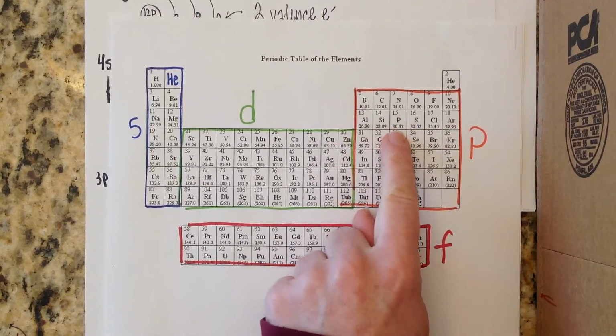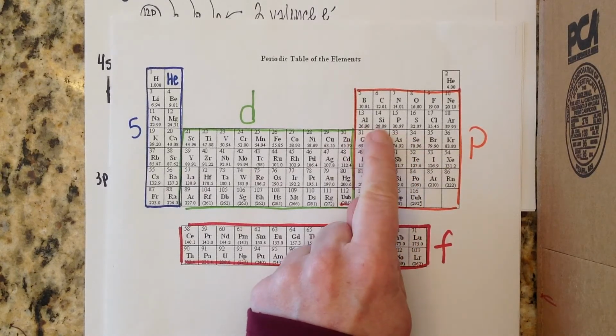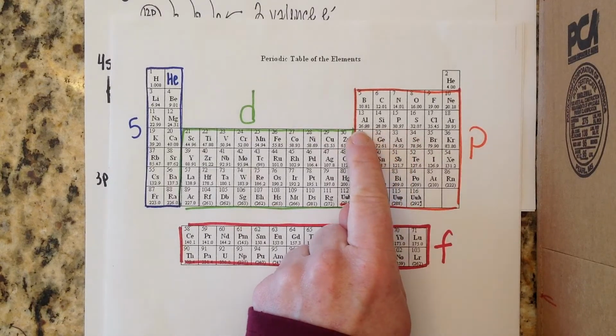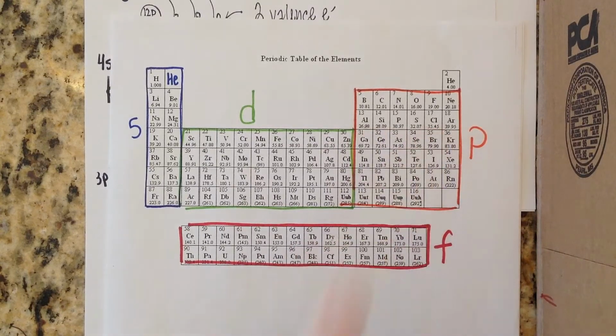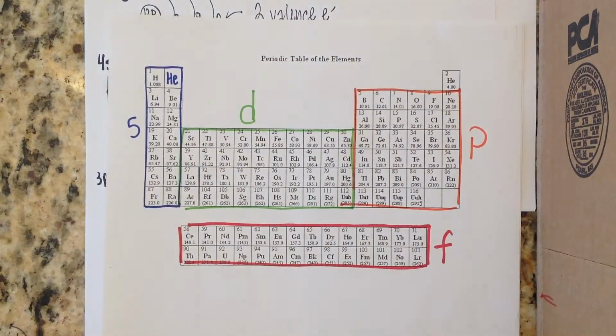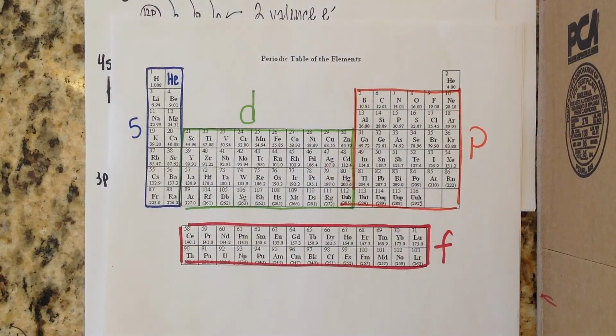For example, if we would have been going to phosphorus, we would have ended with 3p3. If we would have been going to chlorine, we would have ended with 3p5. So that very last one is the one where you've really got to be careful because that's where you're pinpointing that final address.